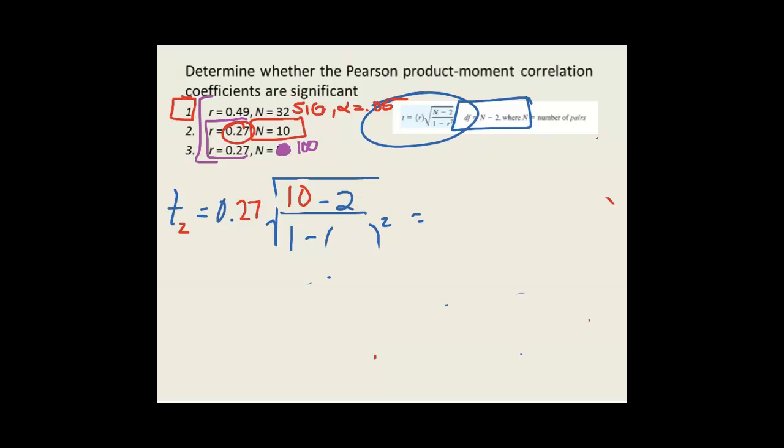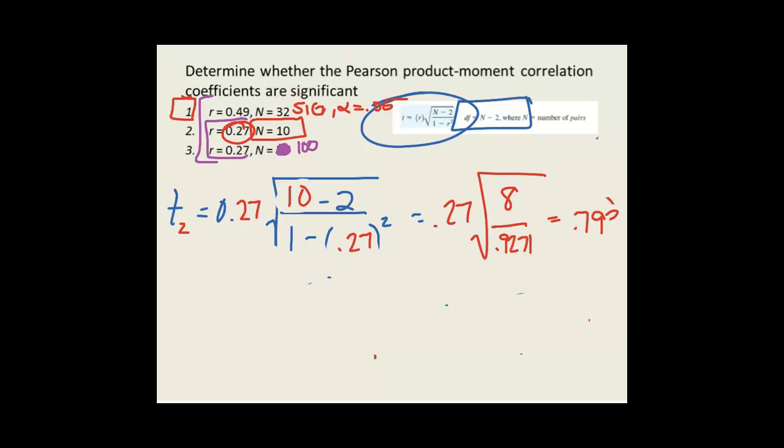And 10 pairs, 0.27 squared. This results in 0.27 times the square root of 8 over 0.9271, which gives me 0.793.